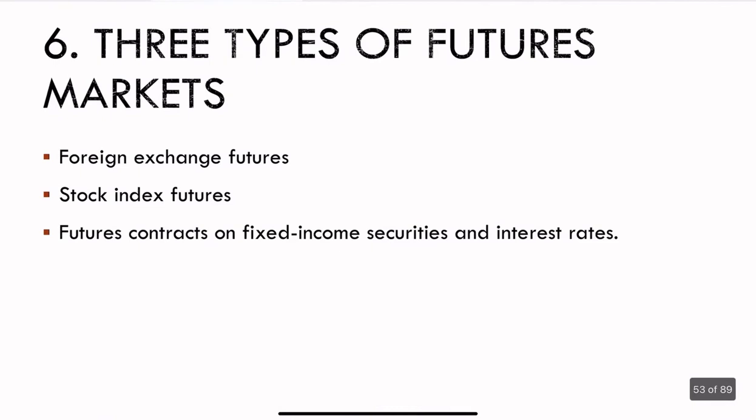Okay, now let's talk about more practical examples. We will talk about three different kinds of futures markets. To be more specific, we will talk about foreign exchange futures and equity index futures. And then we will talk about futures on fixed income and interest rates.